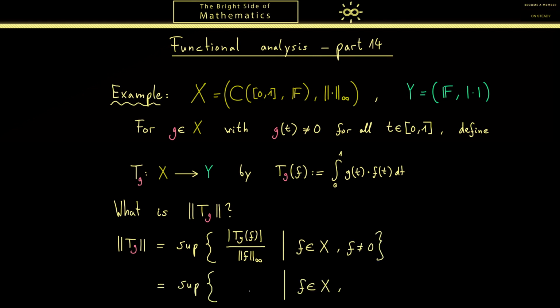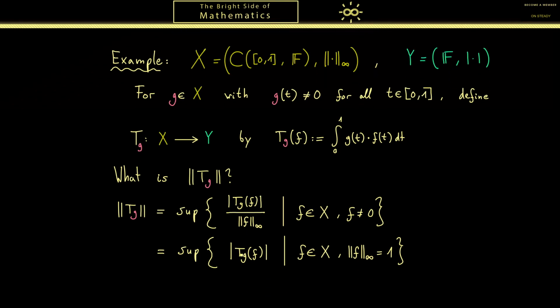So what we can always do is apply the scaling as we did it last time. We can do that such that we only divide by 1, so we consider only functions with supremum norm 1. Of course you don't have to do that, but it makes our life easier because we don't have to write down a fraction here.